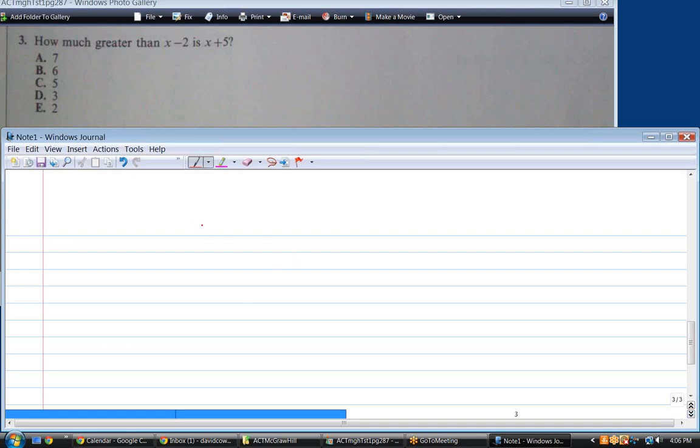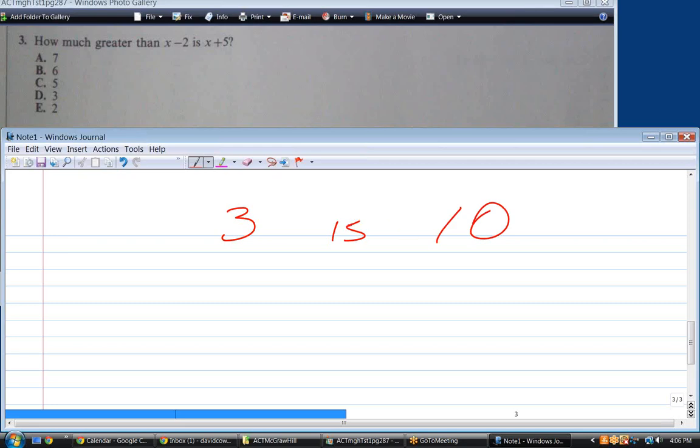If I said, how much greater than 3 is 10, what would you do? Would you just add the difference?